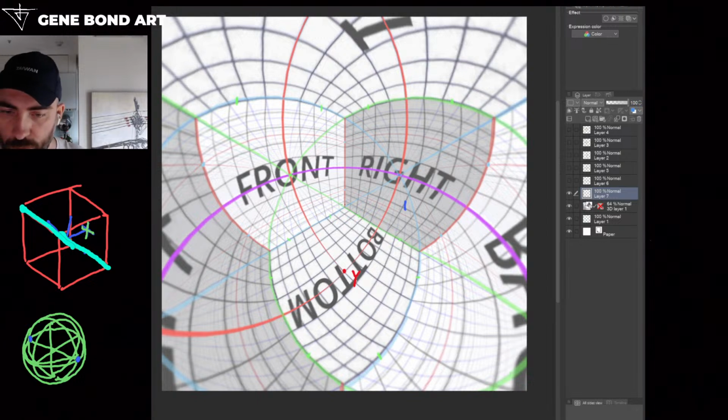This y vanishing point we see as a straight line. Then it has a curve line going through the Z vanishing point, like this, and a curve line going through the X vanishing point.